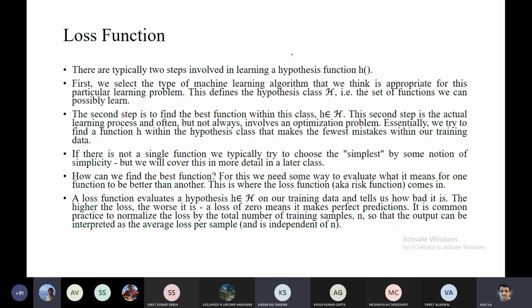Now we have a very important discussion about the loss function. This loss function we already understood in case of linear regression.